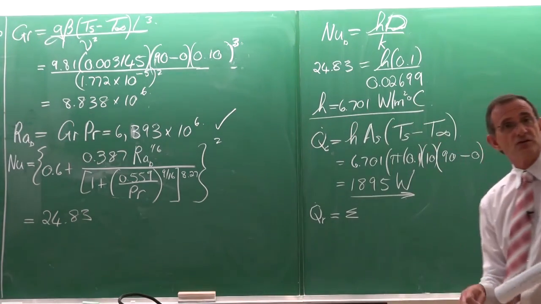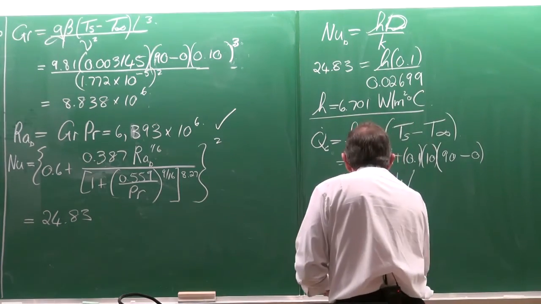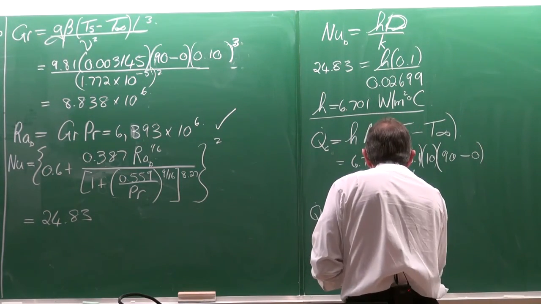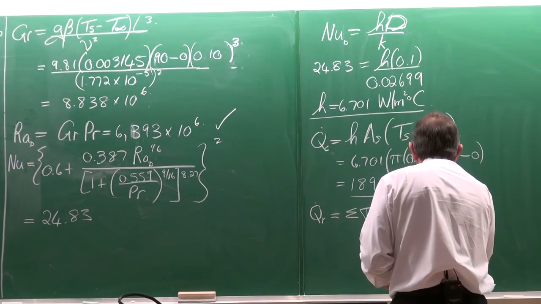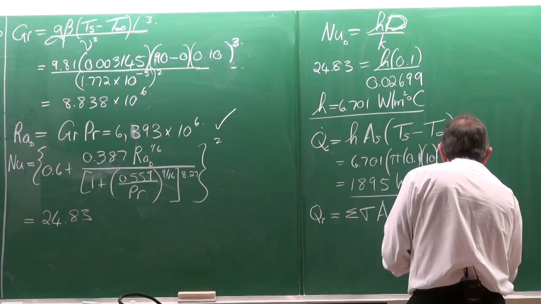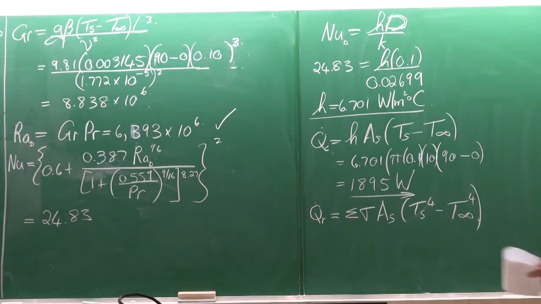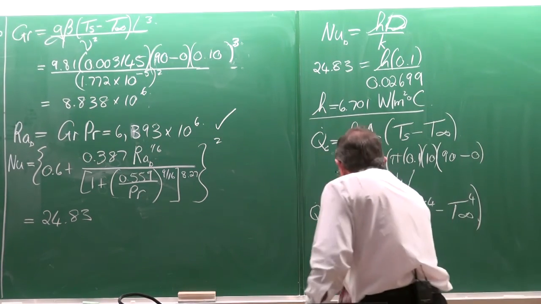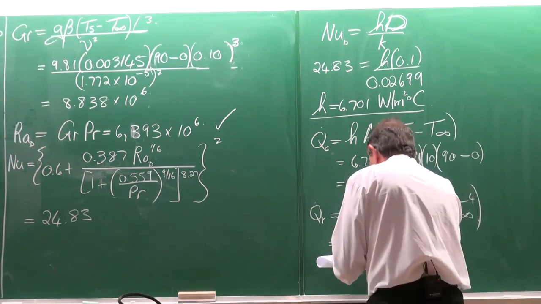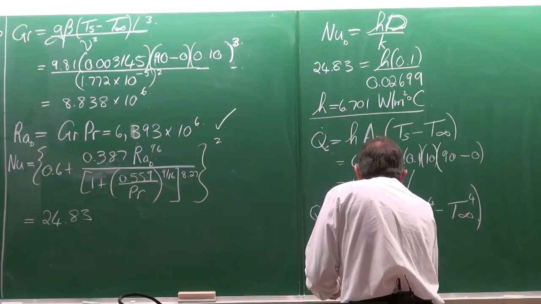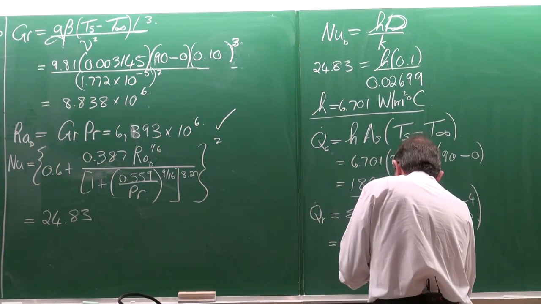So the radiation heat transfer is equal to the emissivity multiplied by the Stefan-Boltzmann constant multiplied by the surface area multiplied by Ts to the fourth minus the environment temperature to the fourth. Now we don't have the emissivity, but let's assume it is equal to 1. It is usually smaller than 1, but that we're going to address in, I think, chapter 11 or 12. So we are not there yet. The Stefan-Boltzmann constant is equal to 5.67 multiplied by 10 to the minus 8.